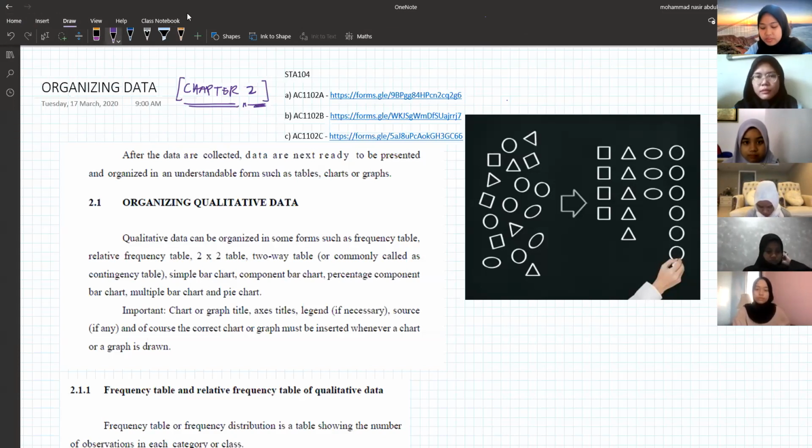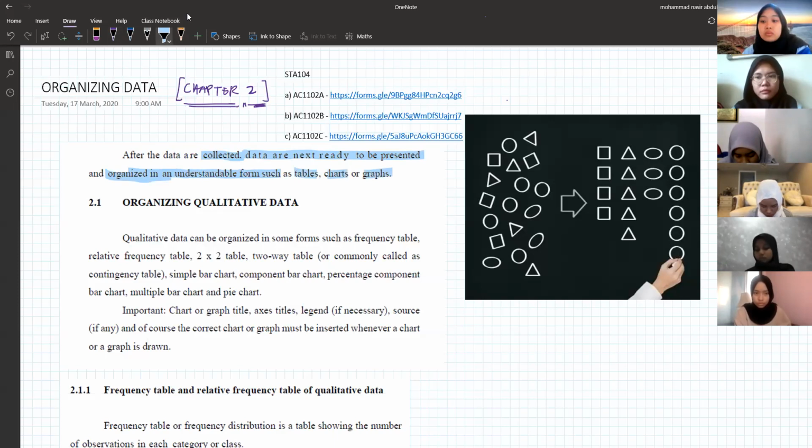And now, after data are collected in this topic, data are ready to be presented and organized in understandable forms such as table, charts, or graph.